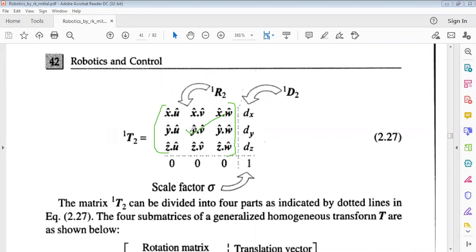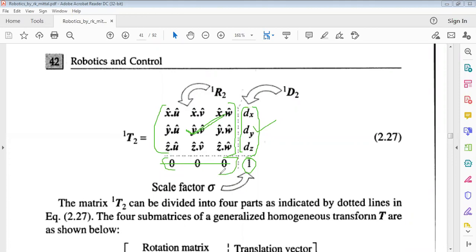This 3 by 1 matrix represents only translation. This is the scale factor. This row of elements in the matrix are zeros, and this row is actually called the perspective matrix.